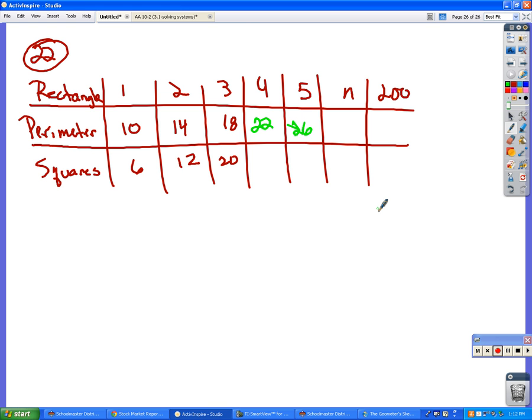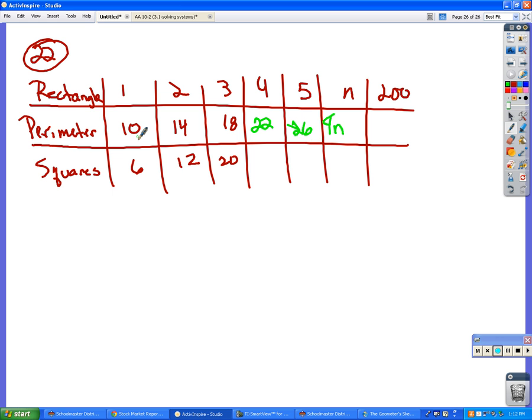So to come up with the formula, since it's going up by 4s, it's going to be 4n. Up by 4s means 4n. And then we usually have to go plus or minus something, not always, but usually. Plus 6. Good, because if I take 1 and plug it in there for n, 4 times 1 is 4.